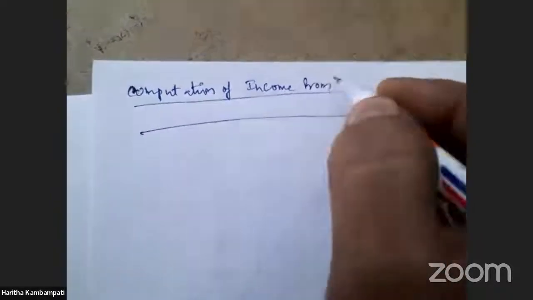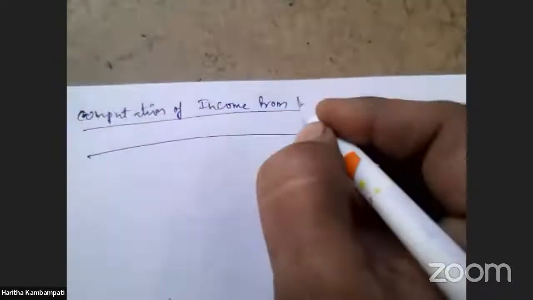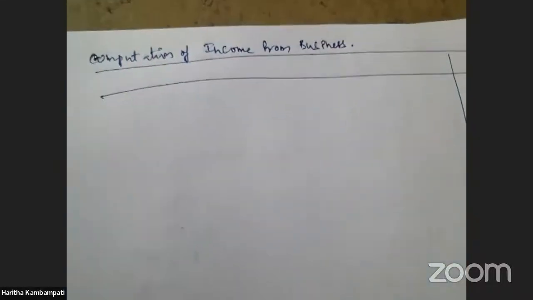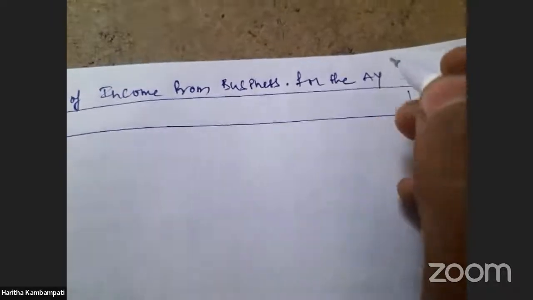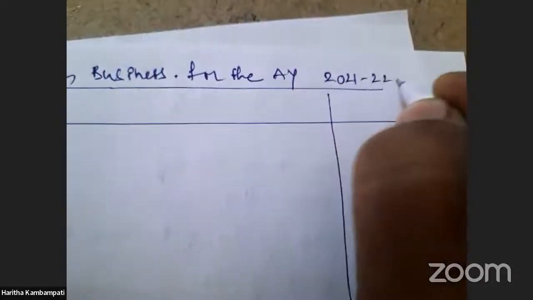First, you need to write the title. It is computation of income from business for the assessment year 22.